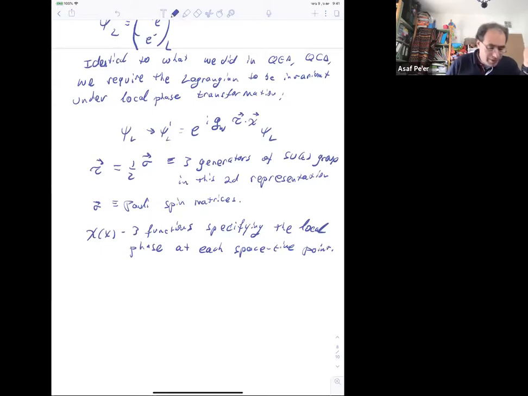And we want gauge invariance. So what did we do last time to ensure gauge invariance? What did we do to ensure that the Lagrangian is invariant under this local gauge transformation? If we just take the Lagrangian and apply this local transformation, it's not going to be invariant. We're going to end up with a different Lagrangian. So what did we do to ensure that it is invariant?